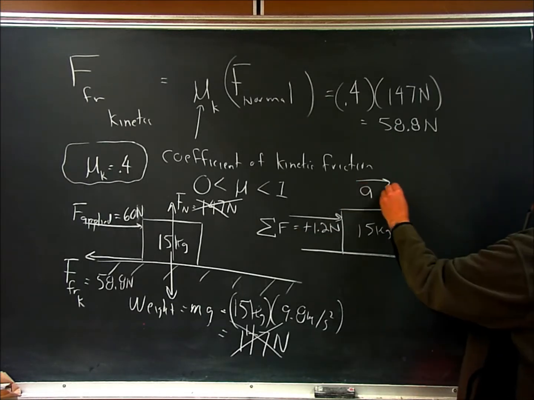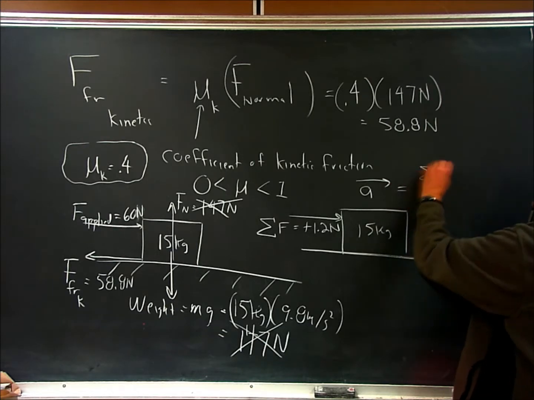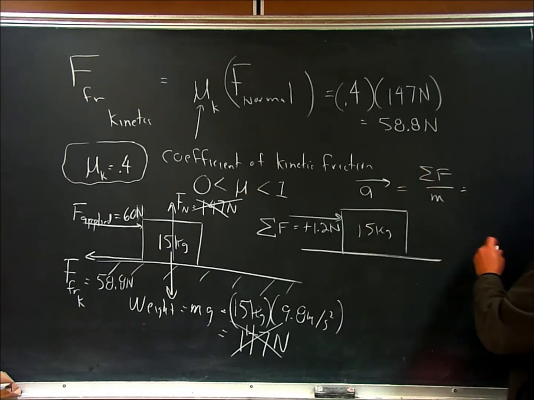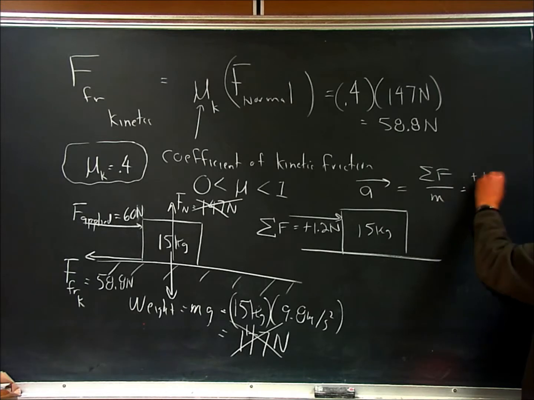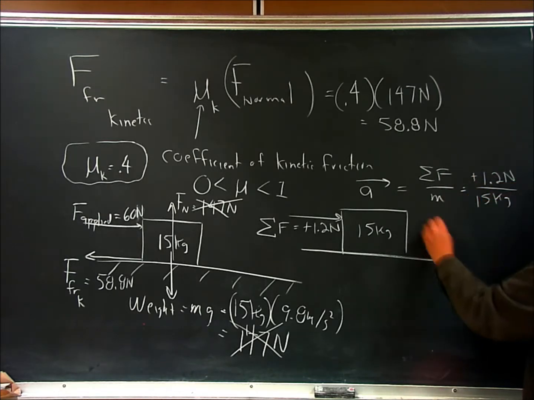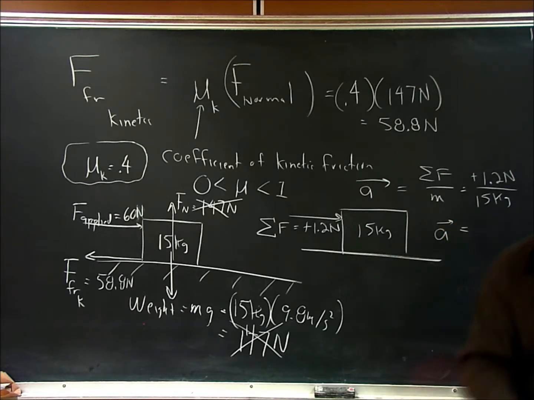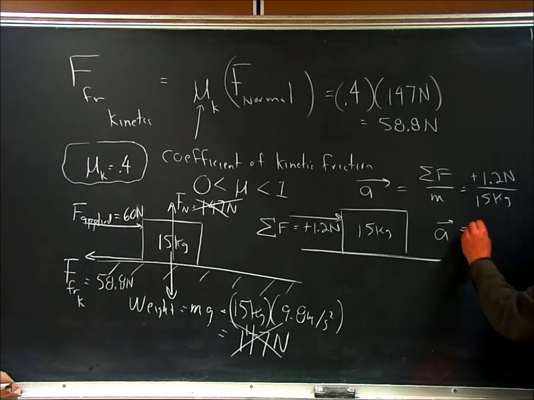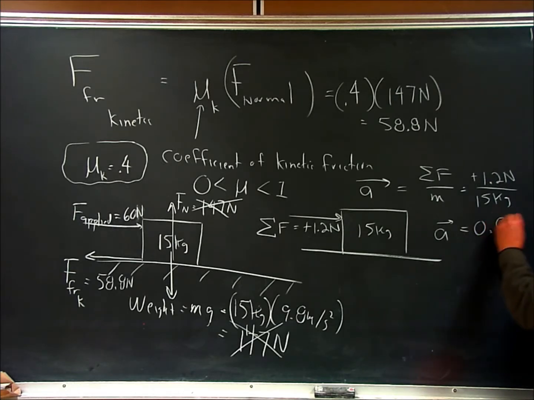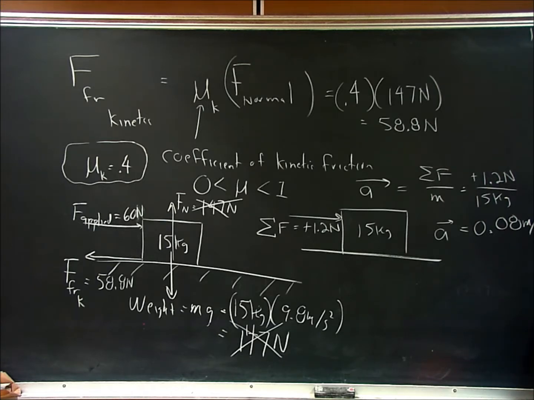So we could say the acceleration equals the sum of all the forces over the mass. And in this case, it's going to be a positive 1.2 newtons divided by 15 kilograms. So the acceleration is going to come out to be very, very small, 0.08, and the units there are meters per second squared.